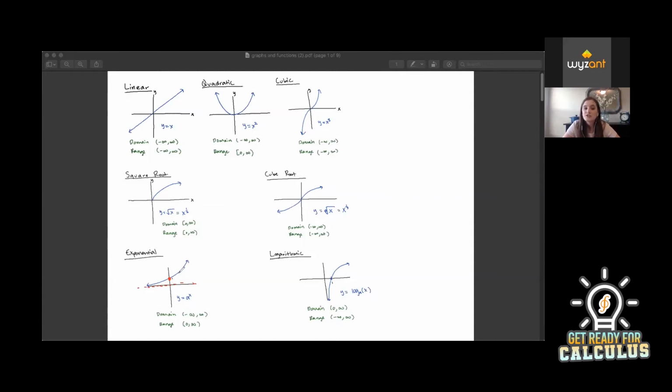This is going to be much faster than a quadratic or a cubic would be, because every single time you move up in x's, you're multiplying by a. So like a squared is a times a, or if you're doing a cubed for an x of 3, it'd be a times a times a. So that's going to expand very quickly, and we're going to see a sharp increase up this way.